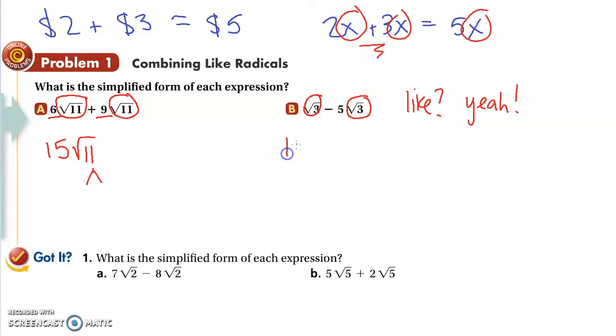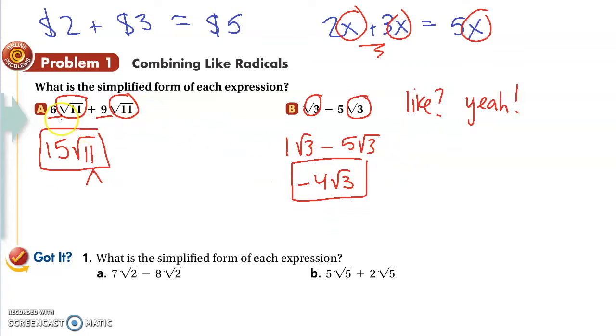Well, this is the same thing as 1 square root 3 minus 5 square root 3, which is the same thing as 1 minus 5, which is negative 4 square root 3. And this would be our answer. So not too bad. We have two different answers. One was addition, one was subtraction, but they're both like terms.